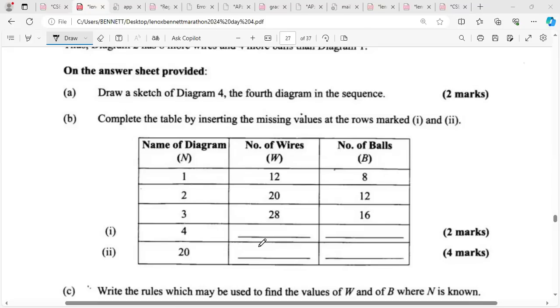Alright, so I'm going to try to figure it out. So guys, first I'm going to check the wires. How I do it, I look at the pattern going down and I look at the difference. For example, what's the difference between 20 and 12? That's 8. Or you can say you're going up by 8.